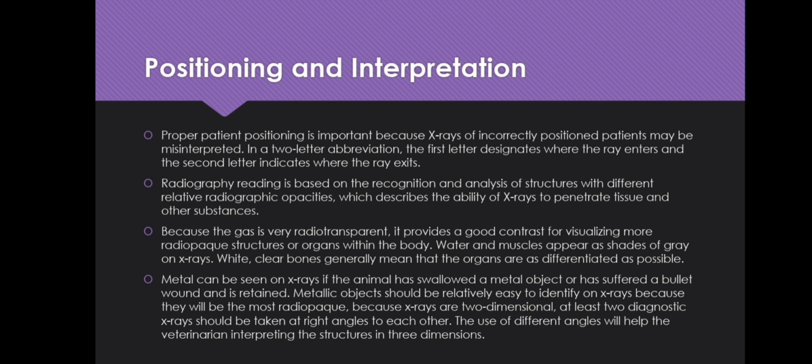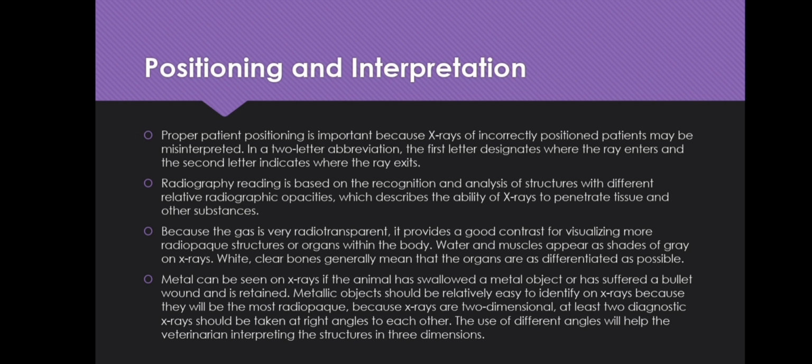Because gas is very radiolucent, it provides a good contrast for visualizing more radiopaque structures or organs within the body. Fluid and muscles appear as shades of gray on X-ray. White, clear bones generally mean the organs are as differentiated as possible.